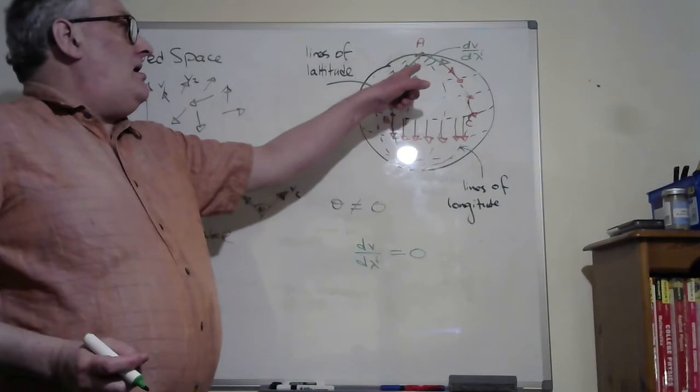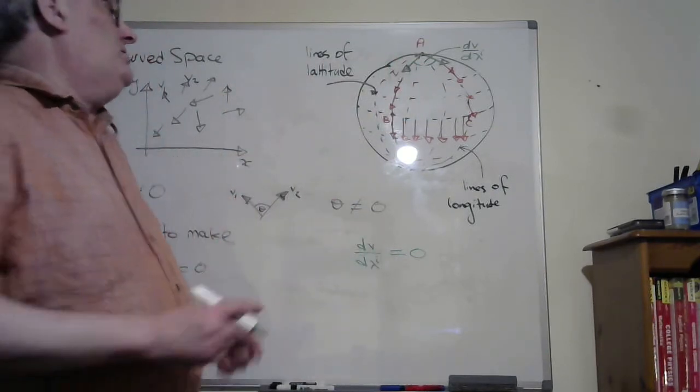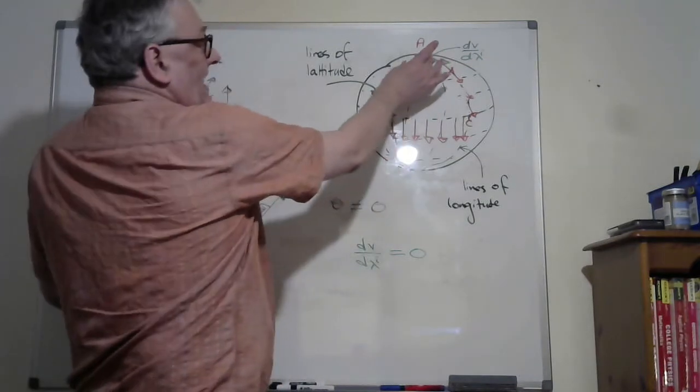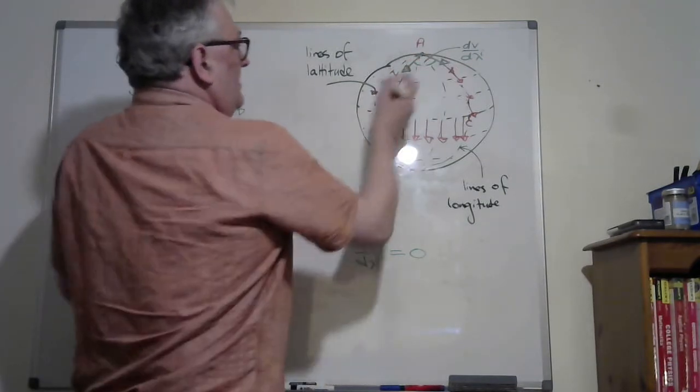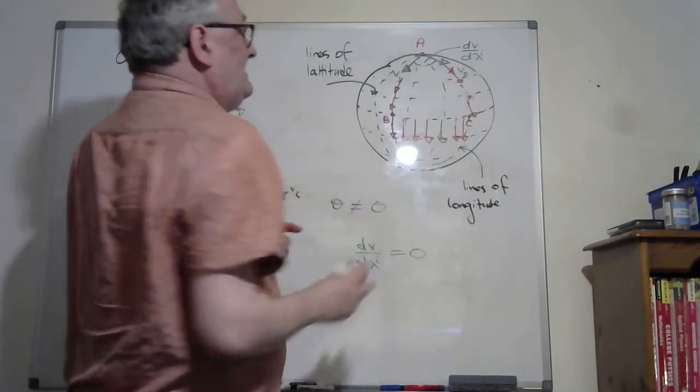Now, again, it's not quite as simple as that, because you're talking about making this angle between the two vectors v1 and v2 disappear.